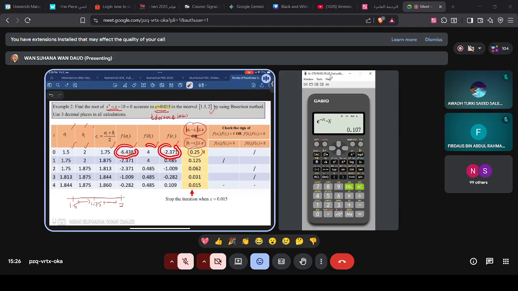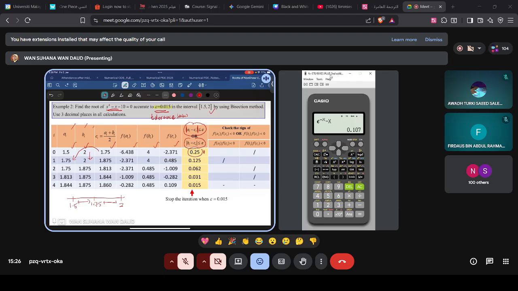So we check FB, FC: positive, negative. So B remains, and C will replace the value of A. I repeat, B remains, C will replace the value of A.